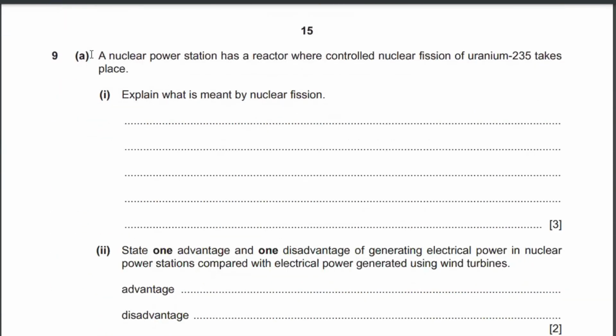Now, ninth question. A nuclear power station has a reactor where controlled nuclear fission of uranium-235 takes place. So 235 is the nucleon number for this uranium atom. Explain what is meant by nuclear fission. So nuclear fission is splitting of an atom as it is unstable in nature. Uranium-235 is unstable in nature, so it will split.